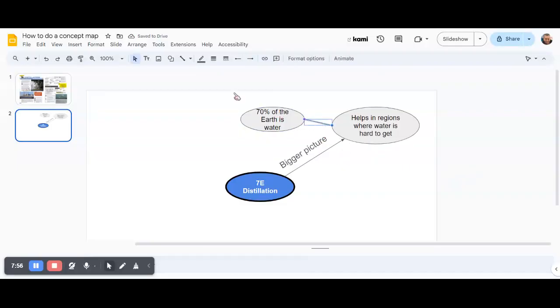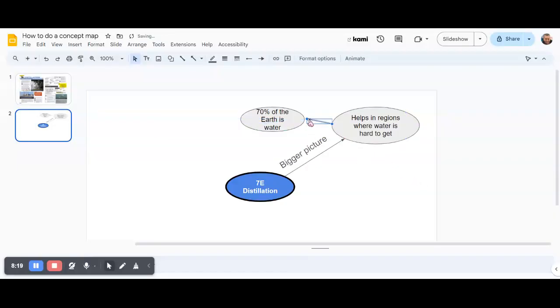I just need to have an arrow, good old Google Slides, and join the arrow between there and there. There we go. I'm quite happy with that.